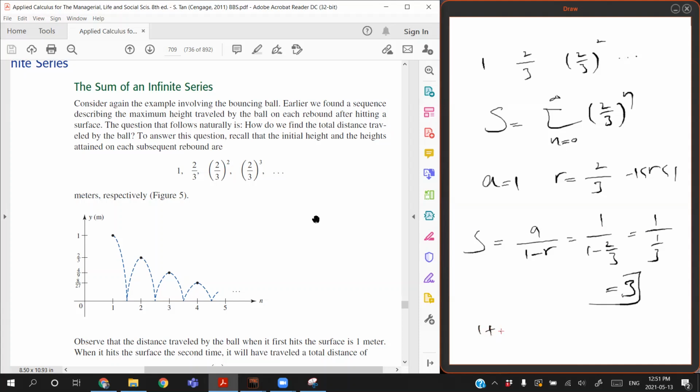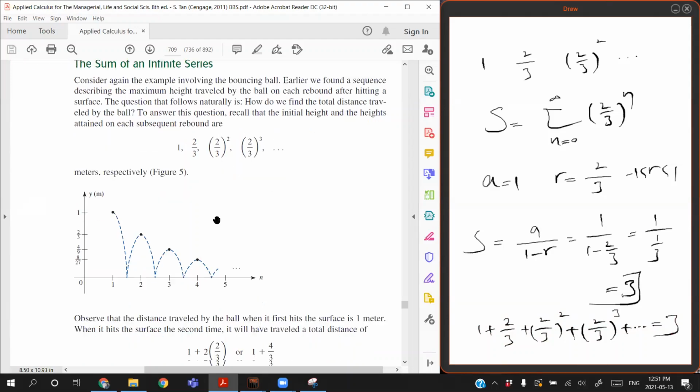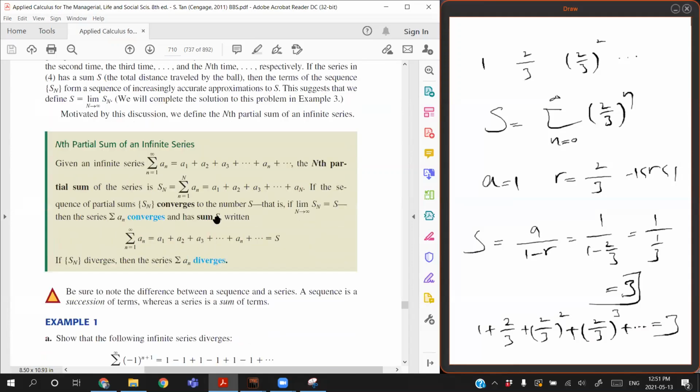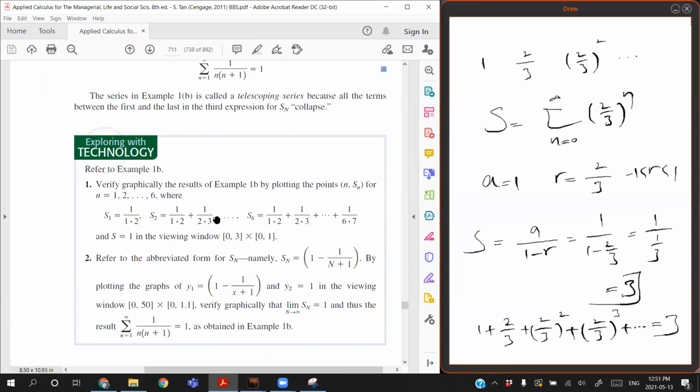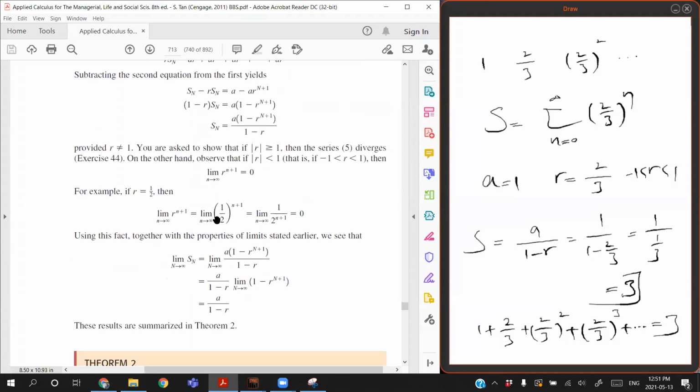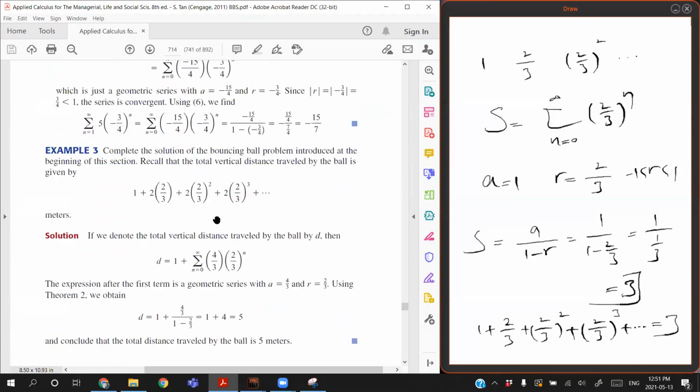So 1 plus 2 over 3 plus 2 over 3 to the power of 2 plus 2 over 3 to the power of 3, all the way to infinity. If you add them all up, you get 3.